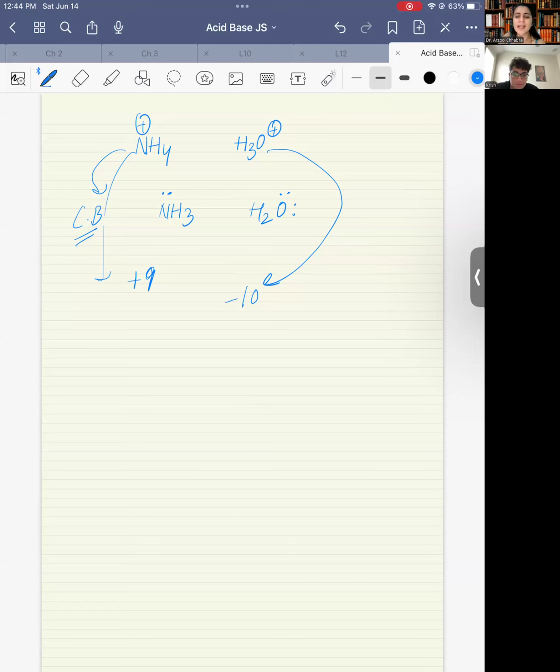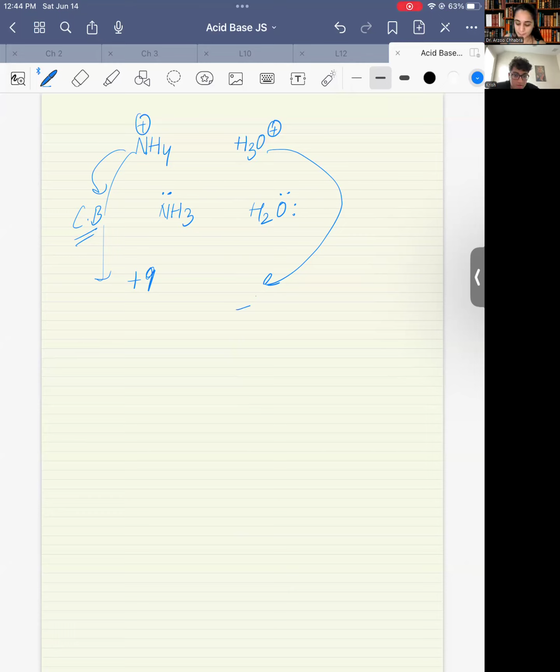I think it's in that range, 9 to 10. Wait, 10.6 is for the methylammonium, the alkylamine, something like that, just CH3. For ammonium itself, they said 9.3, right? And for hydronium it's -1.7. Okay, it's not -1.